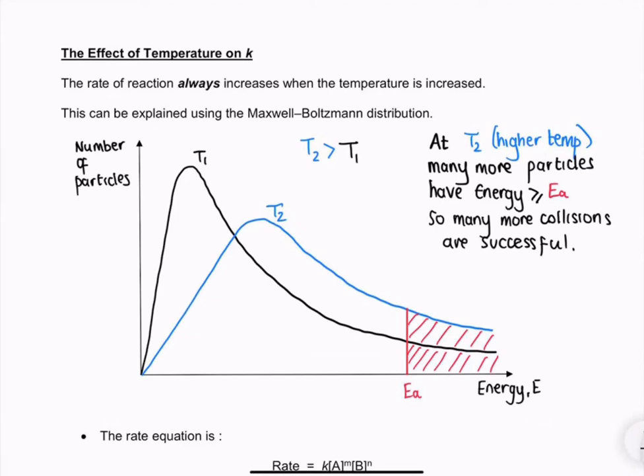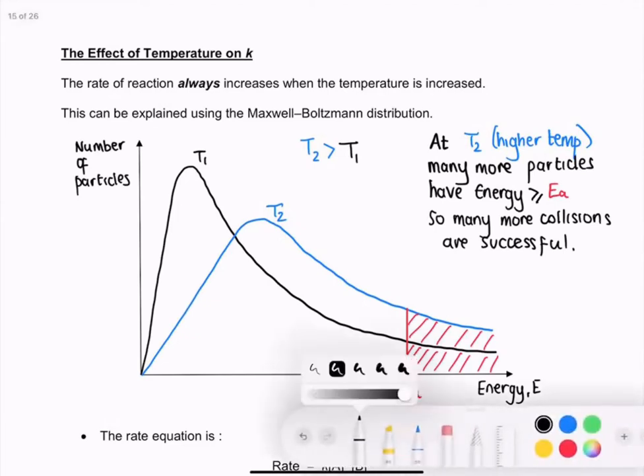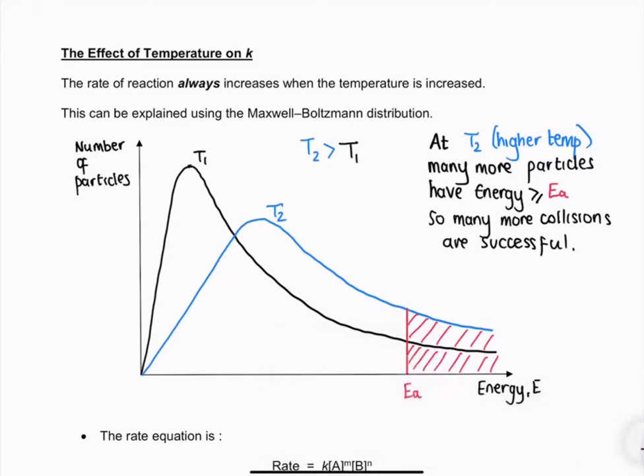If you have a look at mine here, we've got the peak here for the first temperature, and then it's lower down here for the second temperature, and it's to the right. Once it's come lower down, you can see that it always stays above the original curve after that.